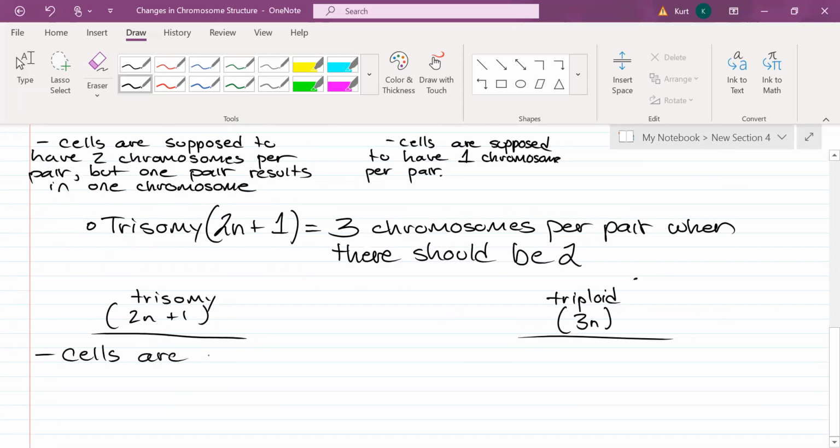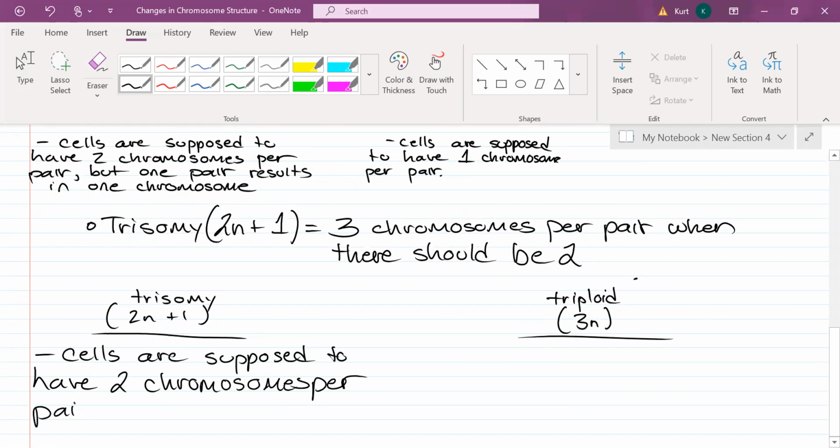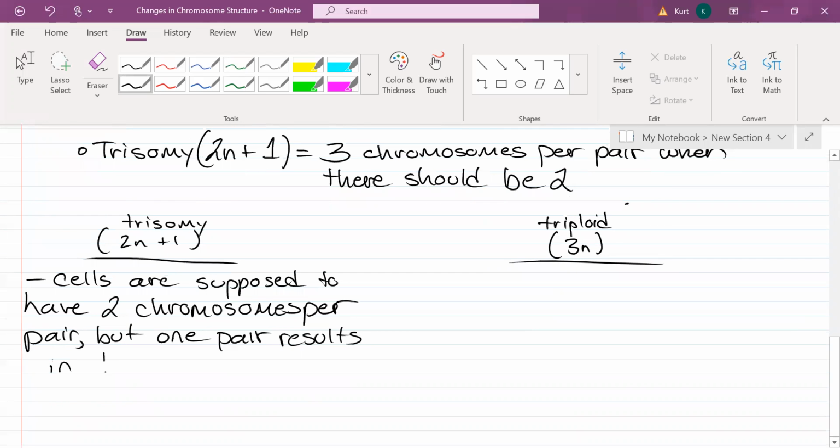That's it. Cells are supposed to have 2 chromosomes per pair. So they're supposed to be diploid. But 1 pair results in 3 chromosomes.